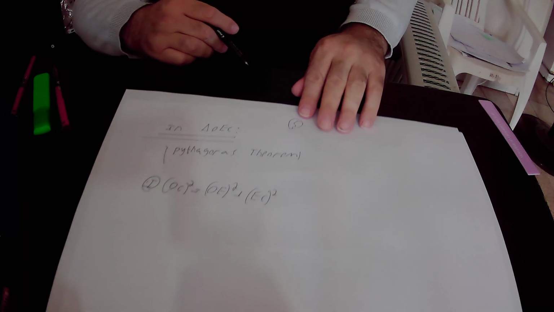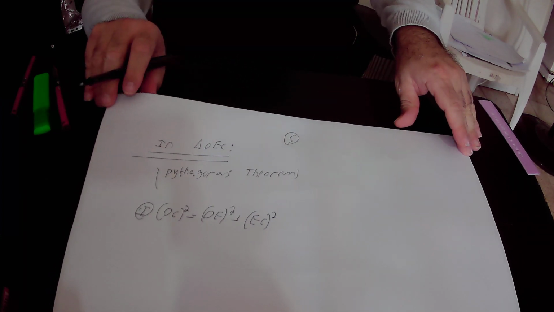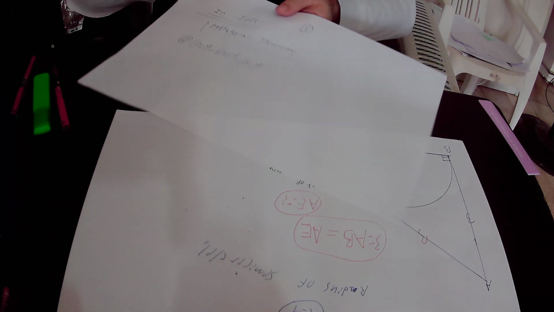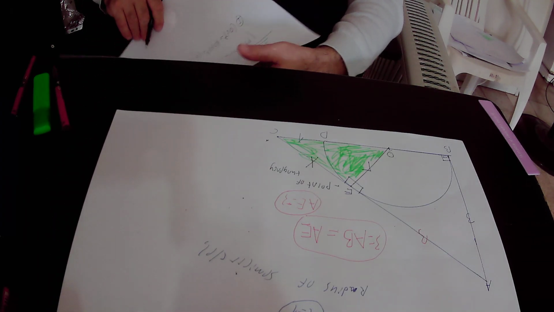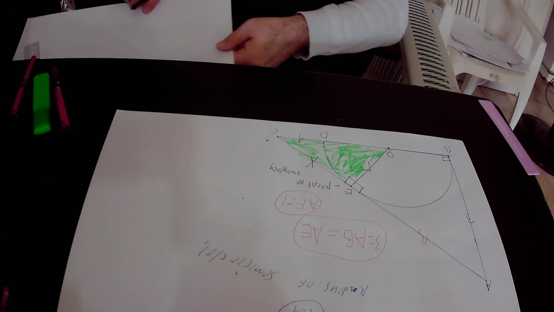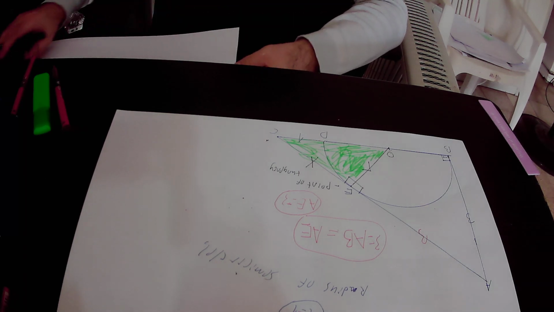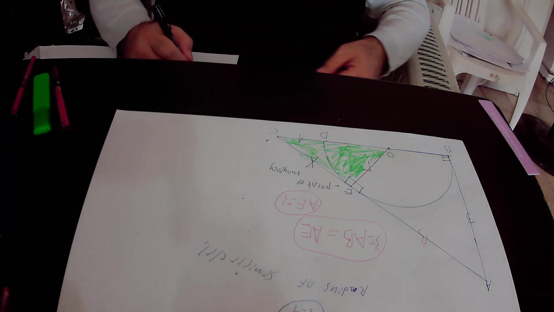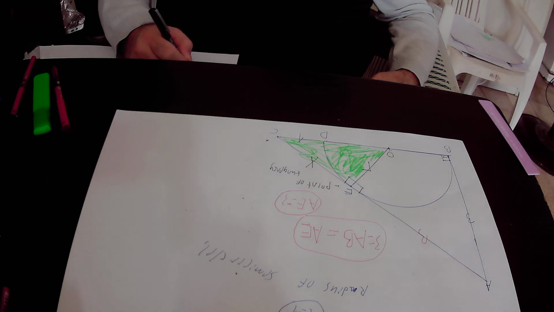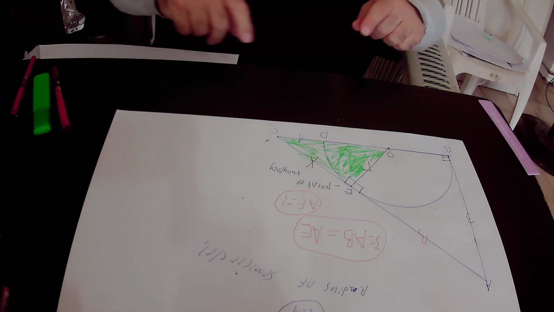Okay, so what is OC? What is the size of OC, the size of the hypotenuse?